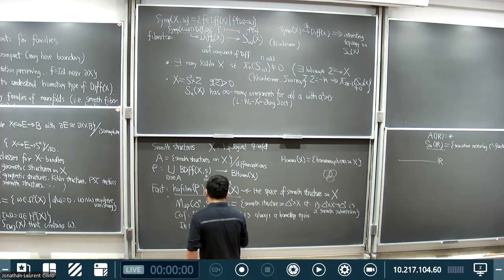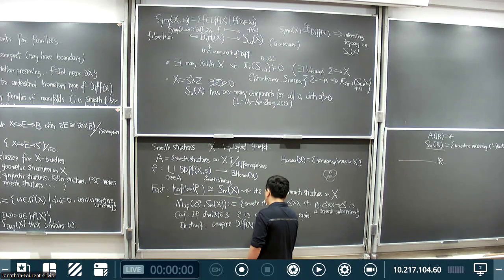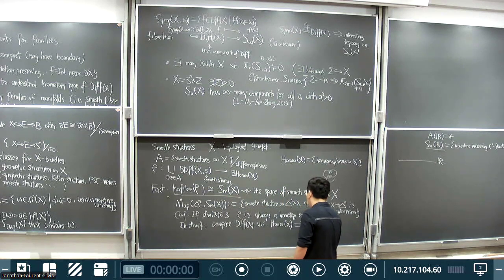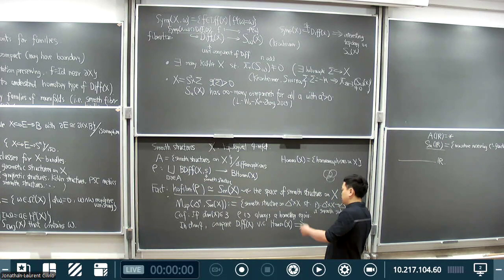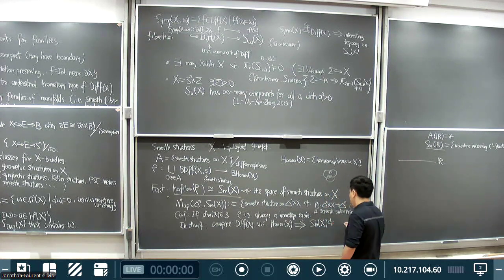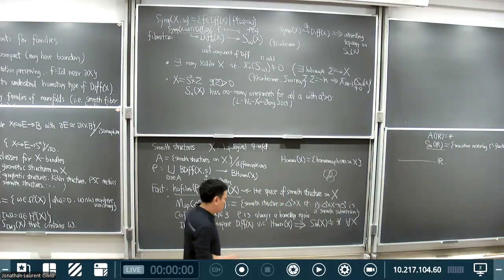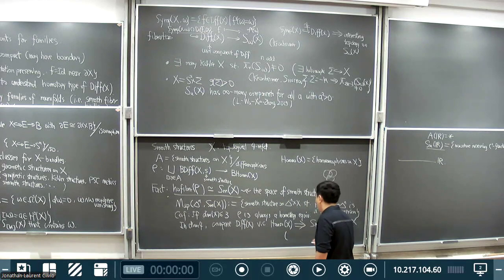In dimension 4, one can compare the topology of the space of smooth structures and the topology of homological invariants, and prove that the space of smooth structures is never contractible. For any four-manifold, this space has interesting topology.